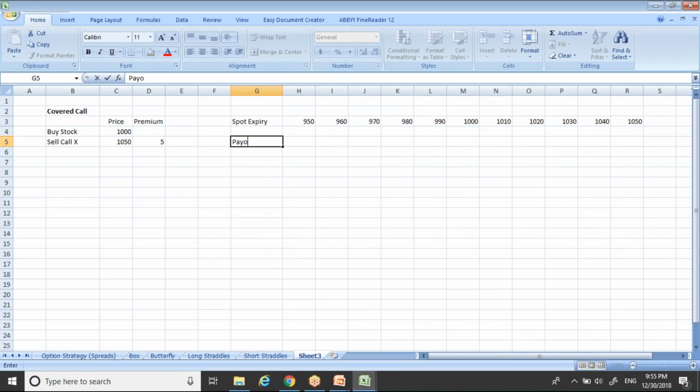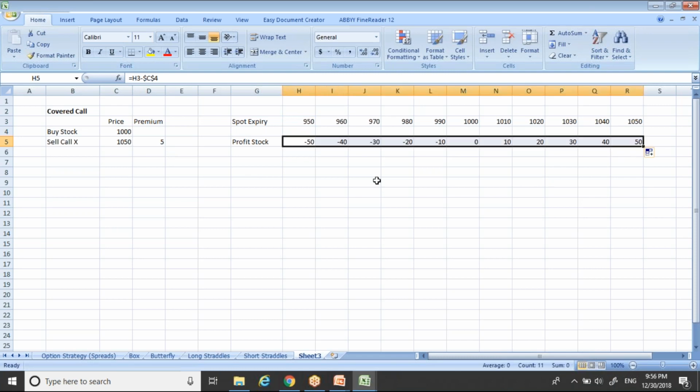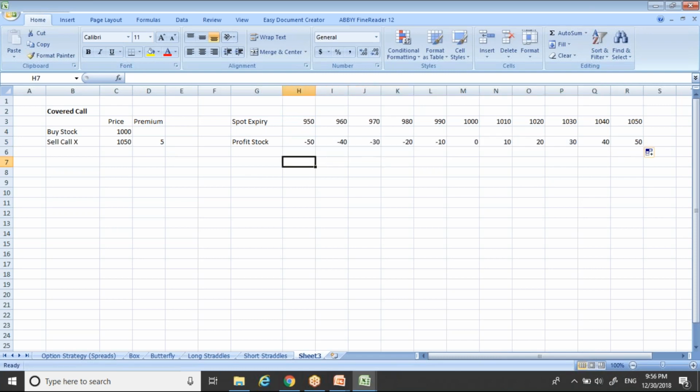Now payoff from call, or let's say profit from stock, will be how much in this stage? So selling price minus the buying price. So this is the payoff from stock.